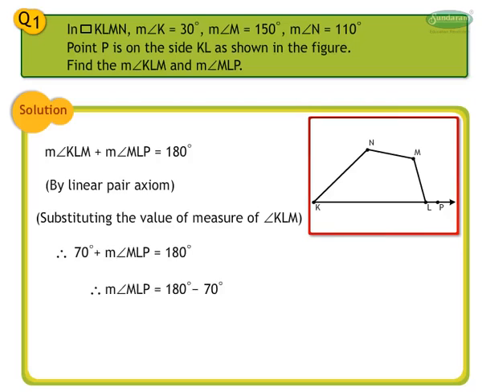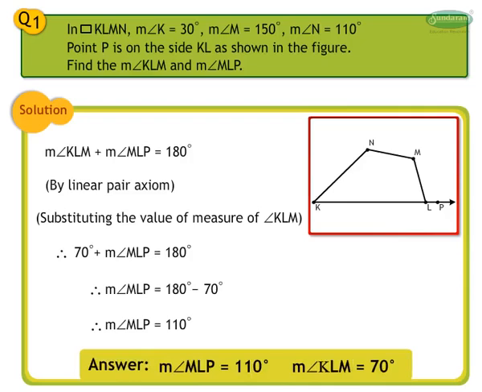Therefore, measure of angle MLP is equal to 180 degrees minus 70 degrees, which is 110 degrees. Answer. Measure of angle MLP is equal to 110 degrees. Measure of angle KLM is equal to 70 degrees.